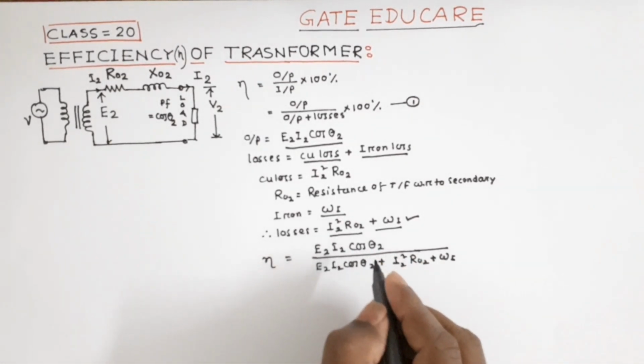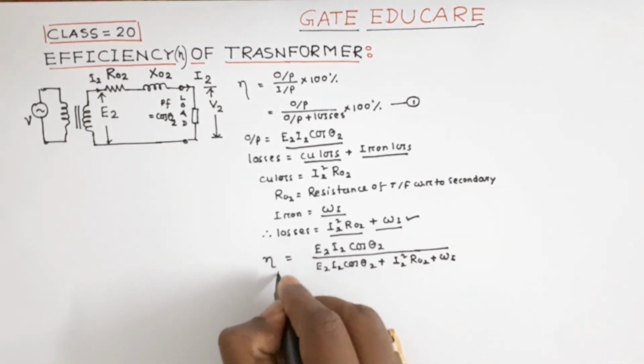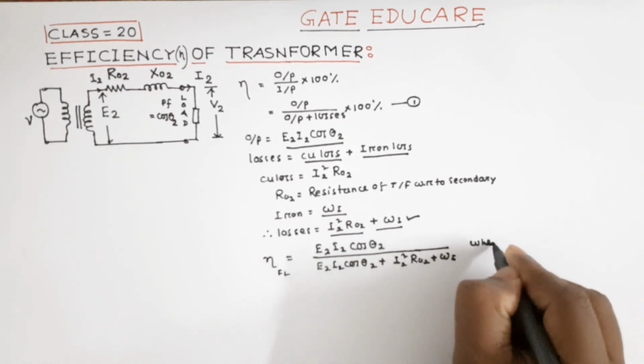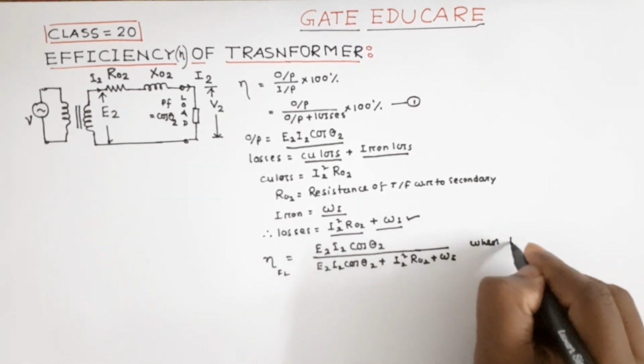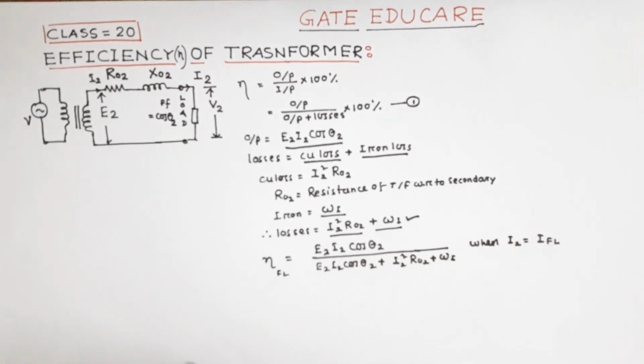This efficiency of the transformer is the full load efficiency when I2 is the full load current I FL.